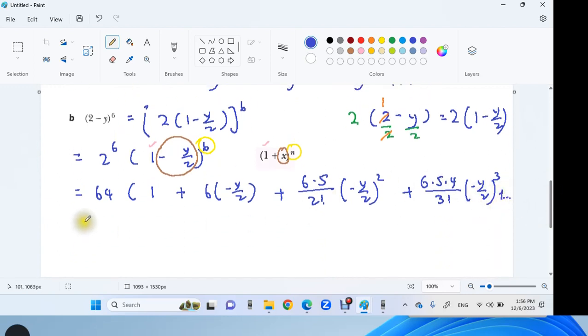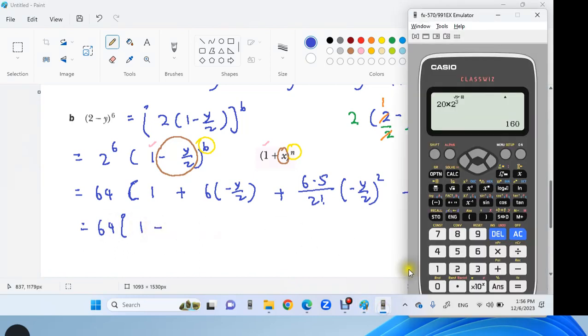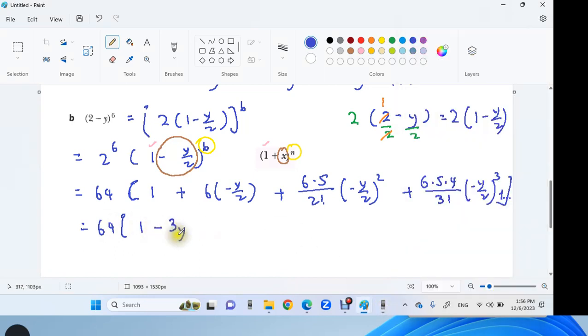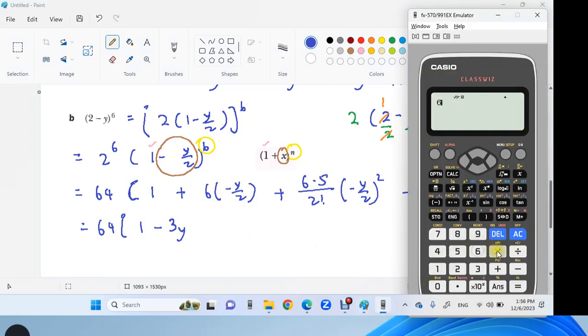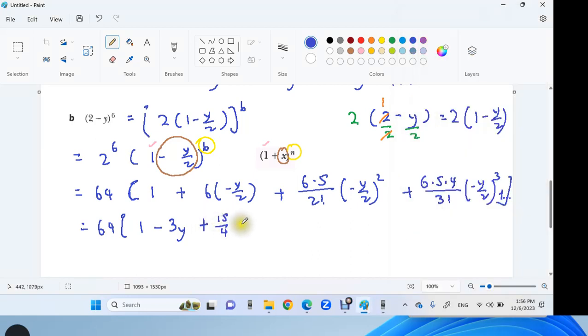Okay, so this will become 64 times (1 minus 3y. 6 divided by 2 is 3). And then we have the 6 times 5 divided by 2 factorial. 2 factorial is actually 2. And then divide by 2 squared. Then it will be 15 over 4 y squared.